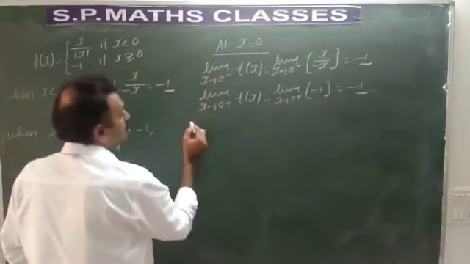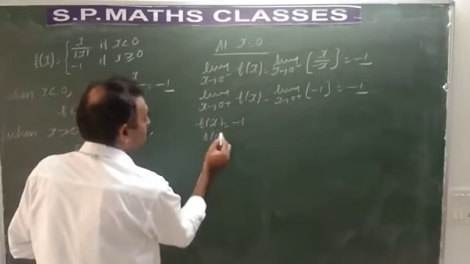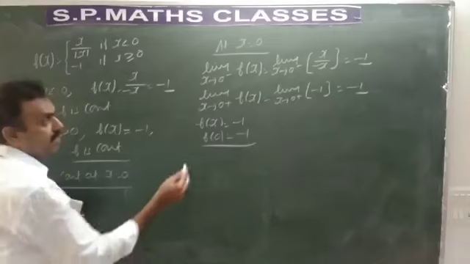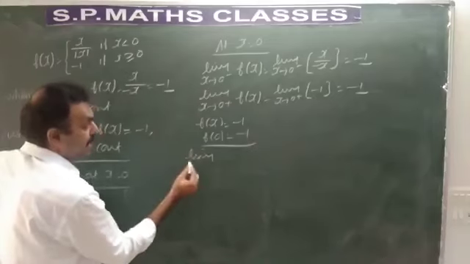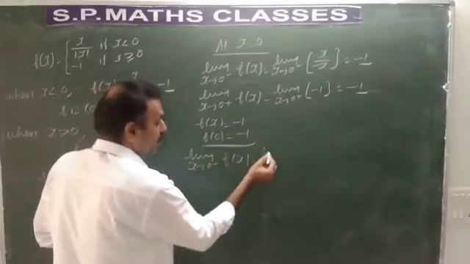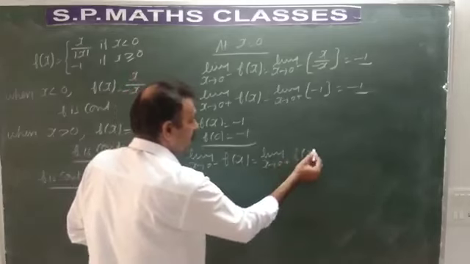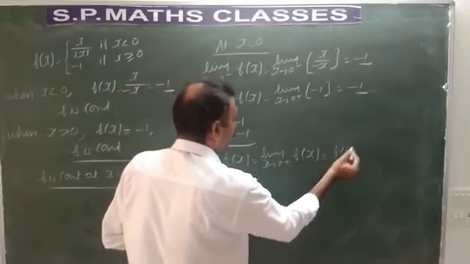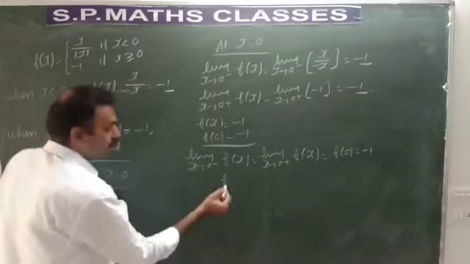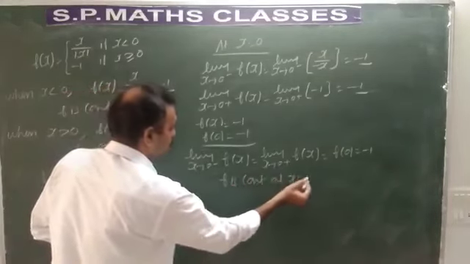Now, f of x is equal to minus 1 at x equal to 0. So, I write limit as x tends to 0 minus f of x is equal to limit as x tends to 0 plus f of x is equal to f of 0 is equal to minus 1. So, I conclude f is continuous at x equal to 0.